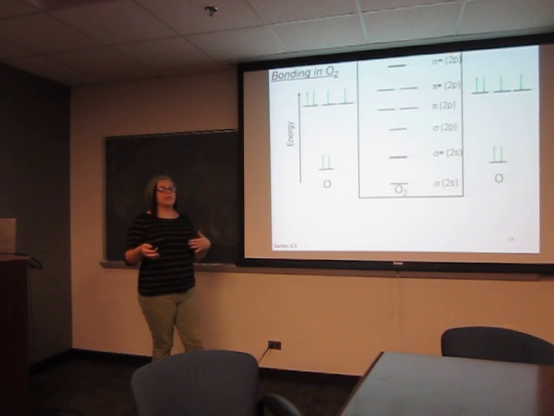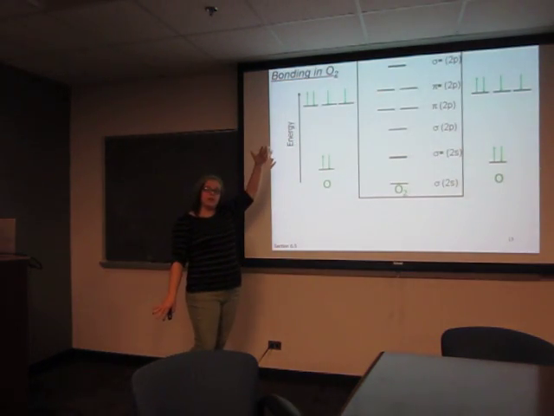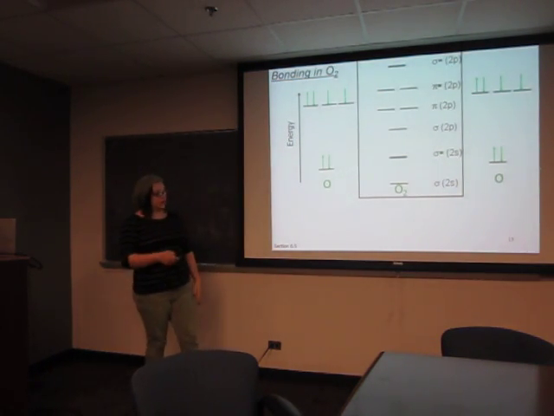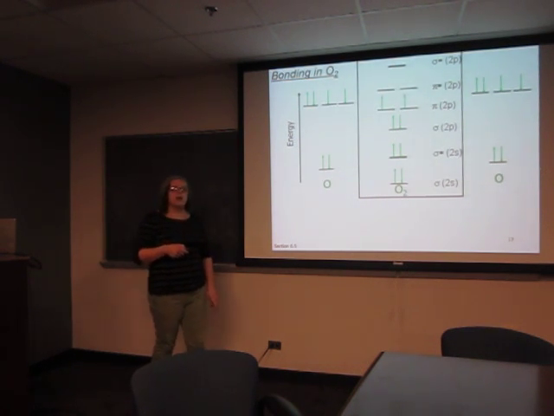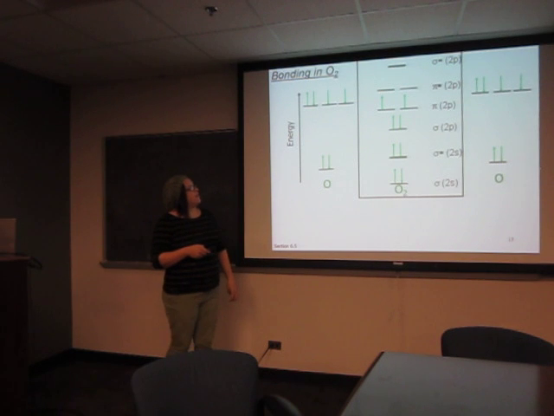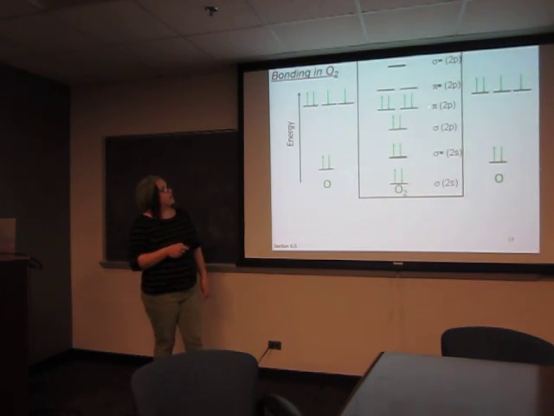And we know electrons like to be at high energy or low energy? Low energy. So we're going to start from the bottom up. We're going up to 12. We'll start with 2, 4, 6, and then these two orbitals here are at the same energy, so our electrons are going to go 7 and 8 unpaired, and then 9 and 10 we're going to have to come back in and pair them.